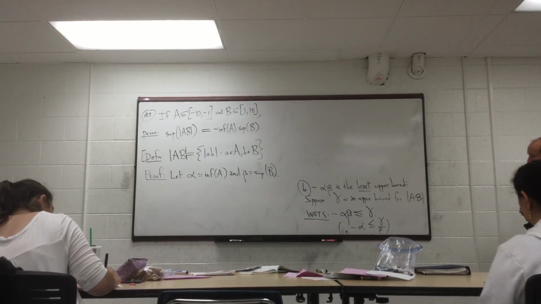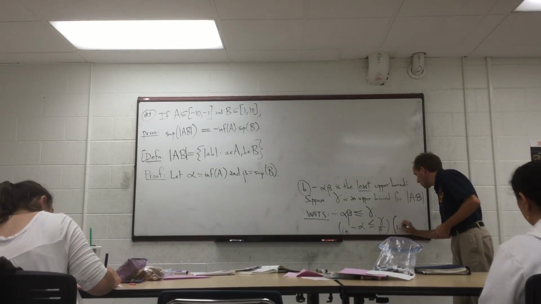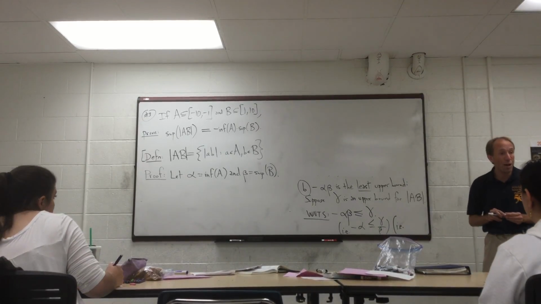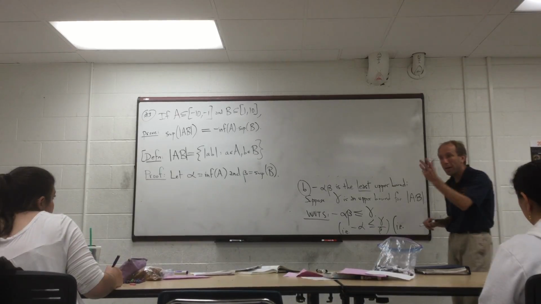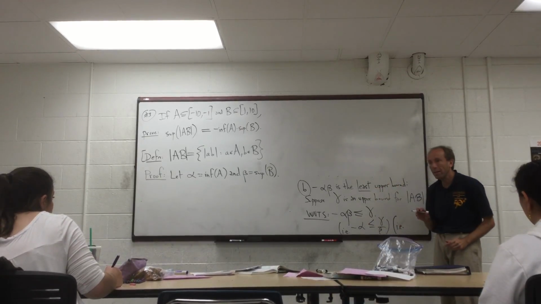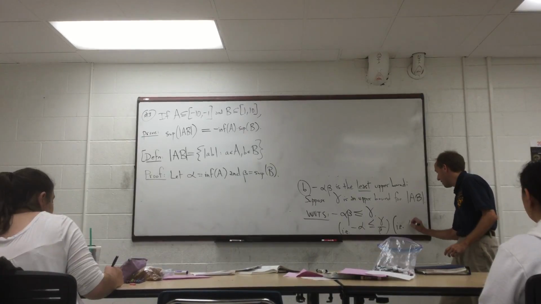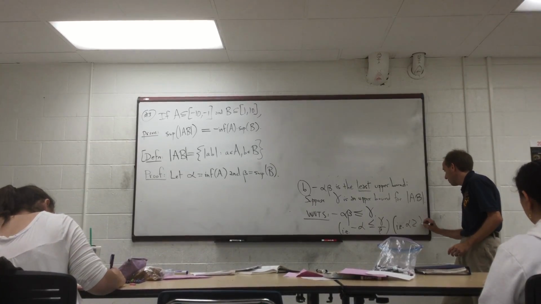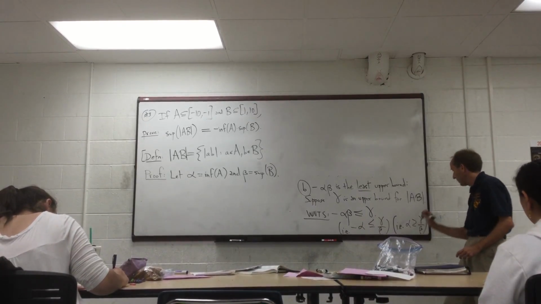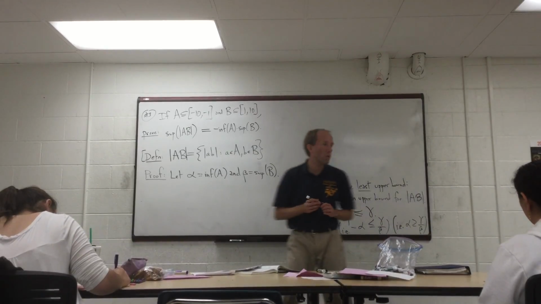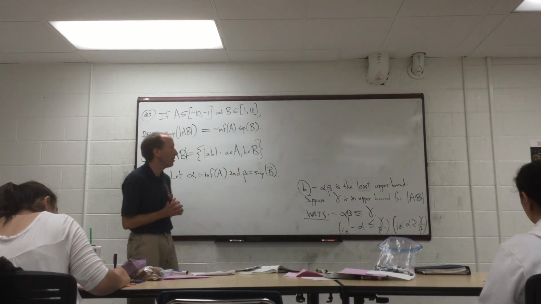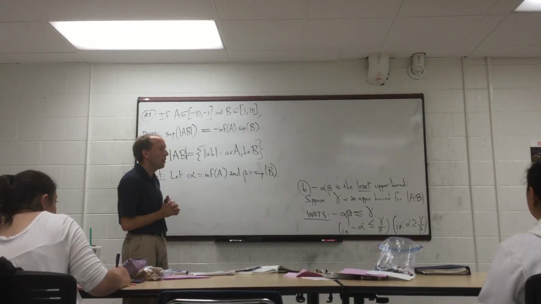And then I'm actually going to also move my minus sign across. When you divide by a minus sign, what happens to the inequality? Flips it, right? So alpha greater than or equal to gamma over beta. Okay? But we need to show that alpha is greater than or equal to gamma over beta.